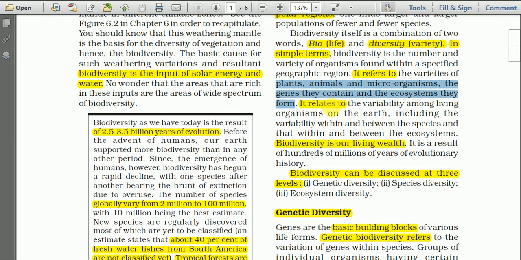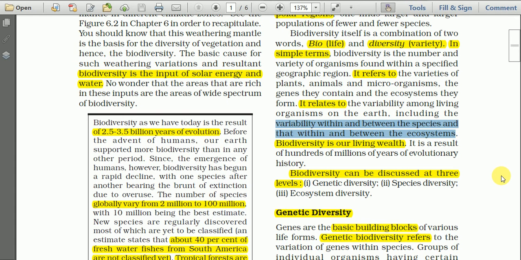It relates to the variability among the living organisms on the earth, including the variability within and between the species, and that within and between the ecosystems.